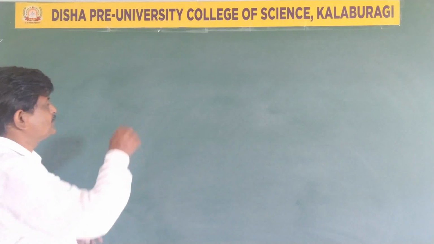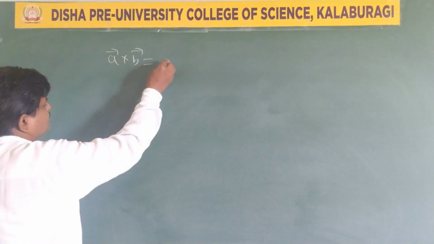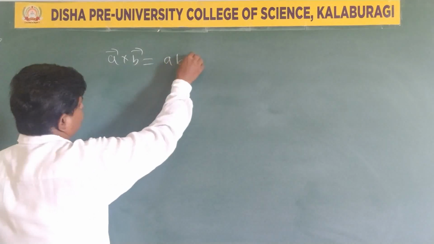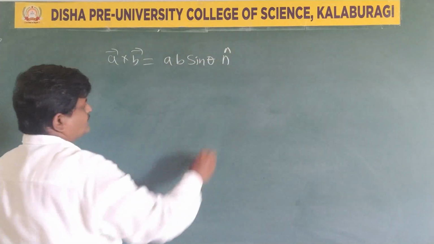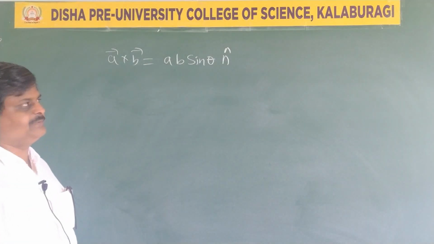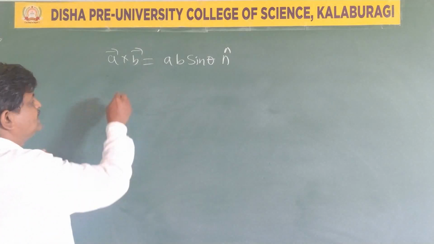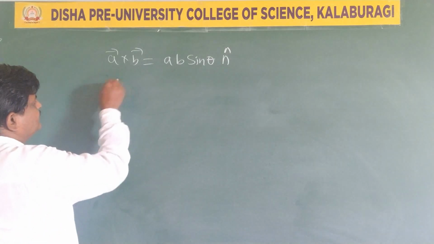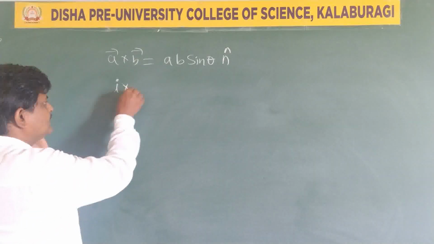Now, the basic is A cross B is equal to modulus of A, modulus of B and sin theta, and of course n cap is the unit vector specifying the direction of the product A cross B.